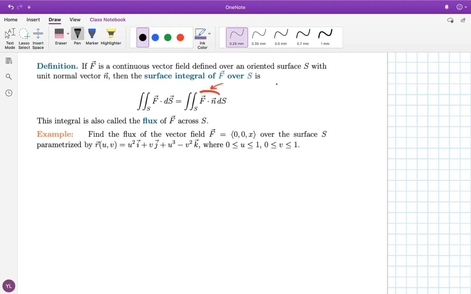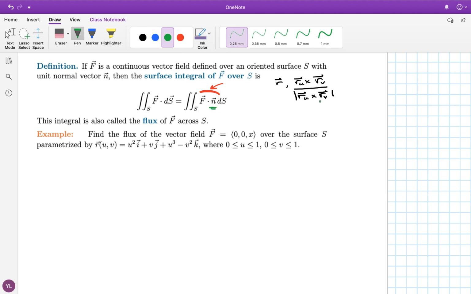If you've got a parameterization of the surface, let's say R, then we know already that RU cross RV is normal to that surface, because each of RU and RV run in the direction of the U lines and V lines, which makes both RU and RV tangent to the surface. So this is a normal vector to the surface. It's just not unit, right? If I divide by its magnitude, I create a unit normal.